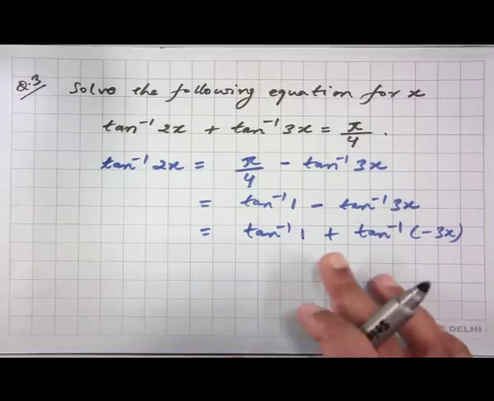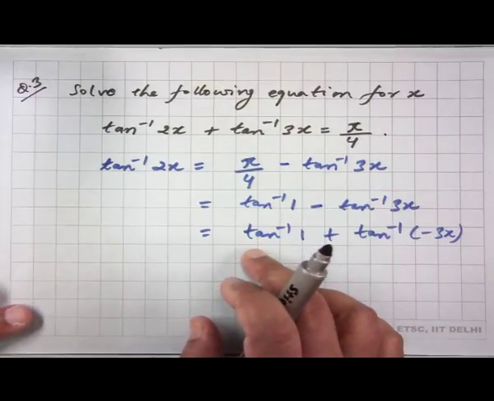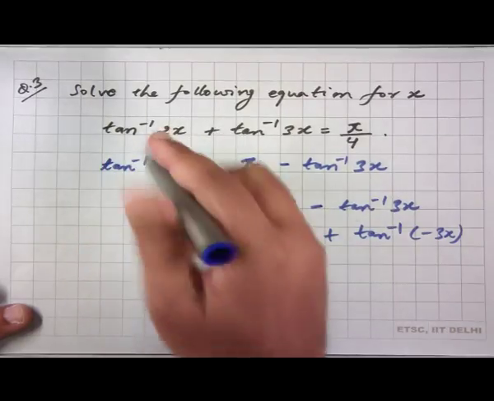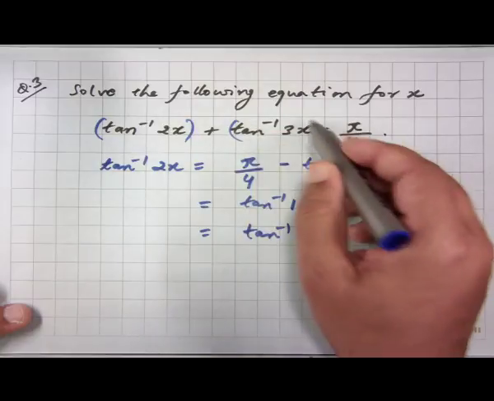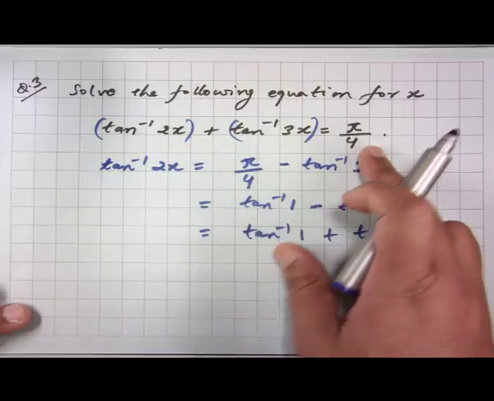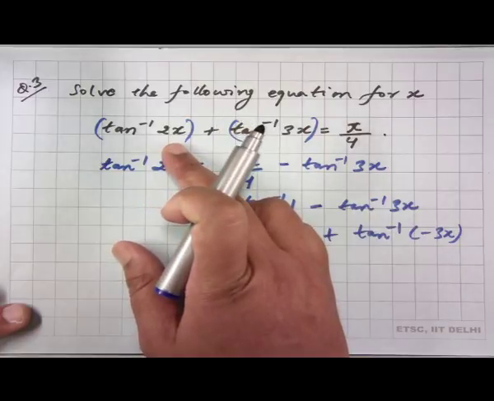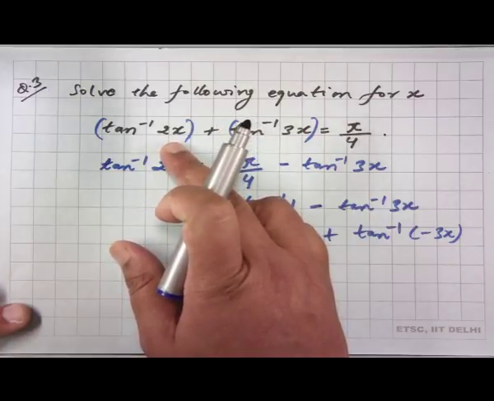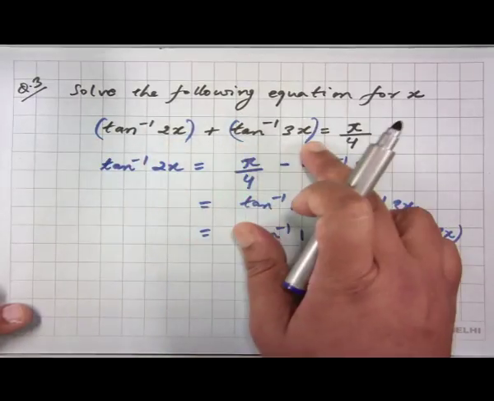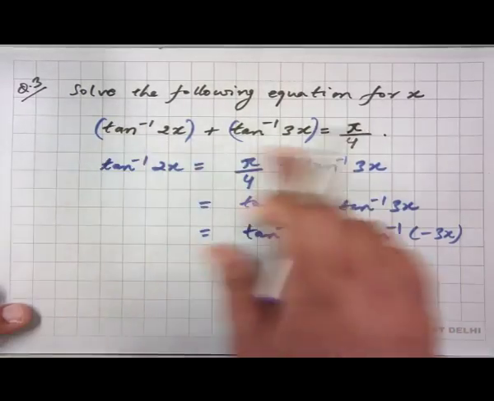One more thing that has to be observed for this problem is that both these values add up to pi by 4. Now, if x is negative, then this value will also be negative, and also this value. So, if x is negative, then this entire thing will be negative.